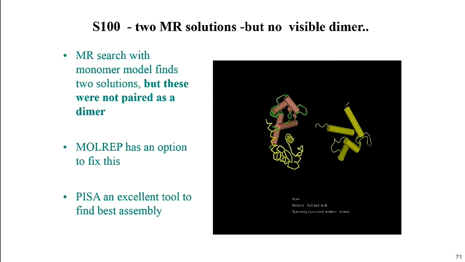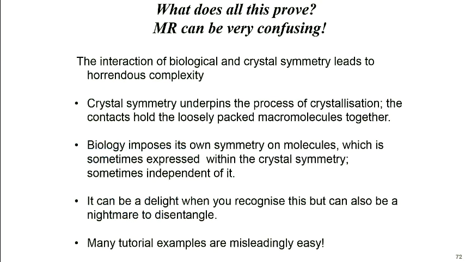PISA, again, will do that for you and tell you the answer. But you need to think, even when you've got your molecular placement solution, whether you have got the biological oligomer. Yes, as I say, it can be very confusing. If you're looking for five molecules and they don't form a ring like you expect them to, it looks a mess.